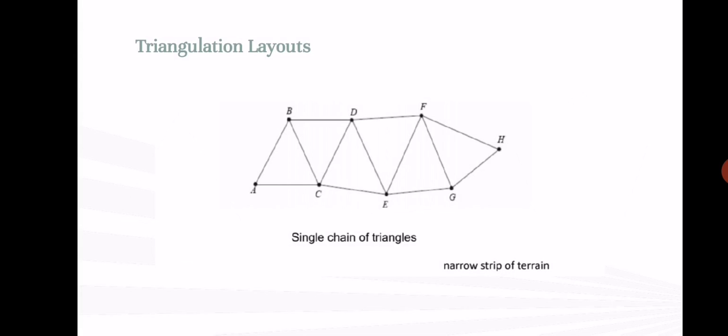There are different types of triangulation layouts that can be used during the survey, depending upon the resources and the circumstances around. So first is single chain of triangles. As you can see, a chain of single alternate triangles is running in a forward direction. So it is known as single chain of triangles.